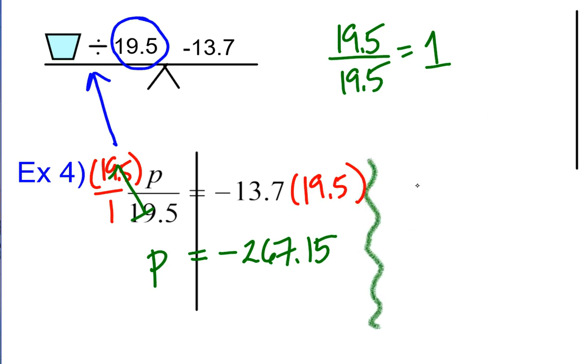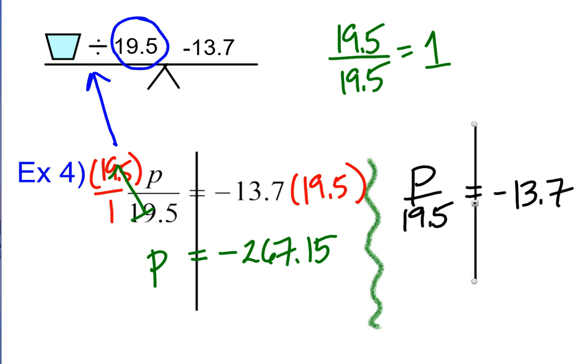So we've got to check that solution out and see if it's going to work out. Once again, we're going to rewrite our problem exactly the way we saw it. I'm going to separate our sides. I'm going to erase my variable. And I'm going to put in that variable spot the number I came up with, which was negative 267 and 15/100.